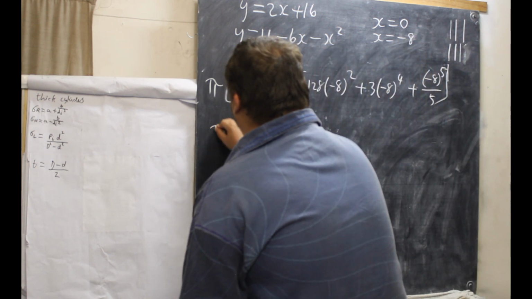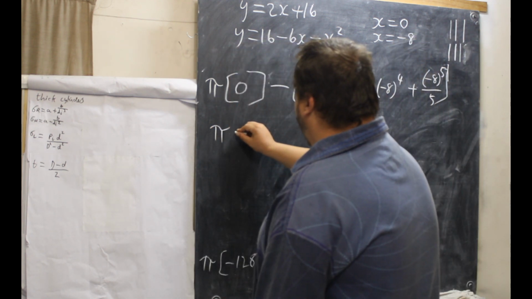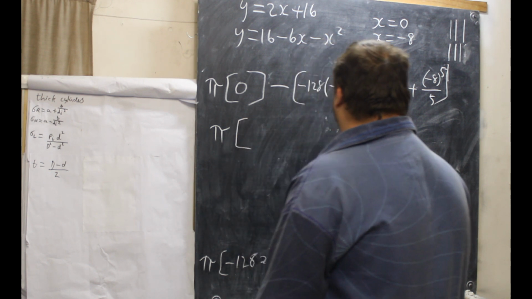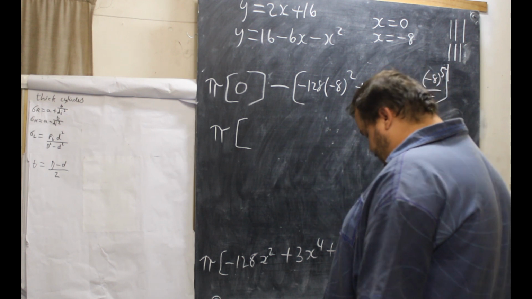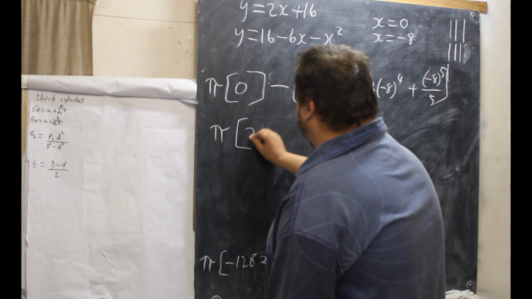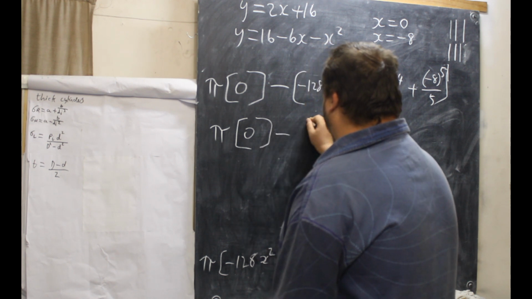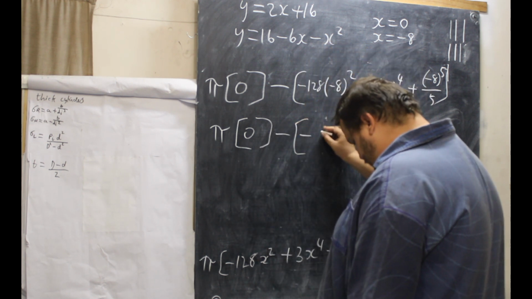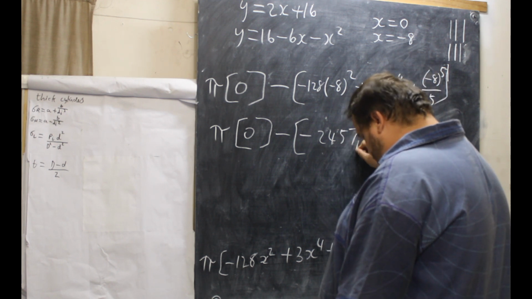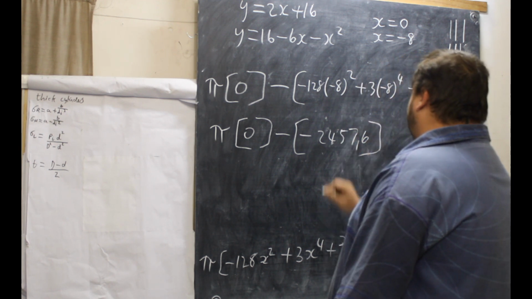So this is pi times, now it's minus times minus, so it'll be a plus. So it is 0 minus 24576.